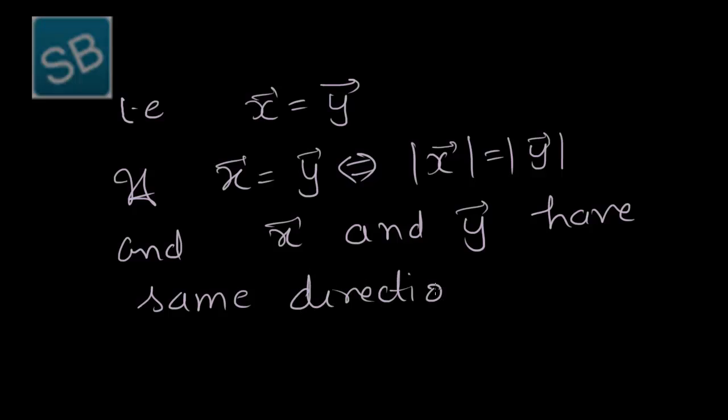So we see the converse is also true, that is, if the magnitudes of two vectors are the same and two vectors have the same direction, that will happen if and only if both vectors are equal.